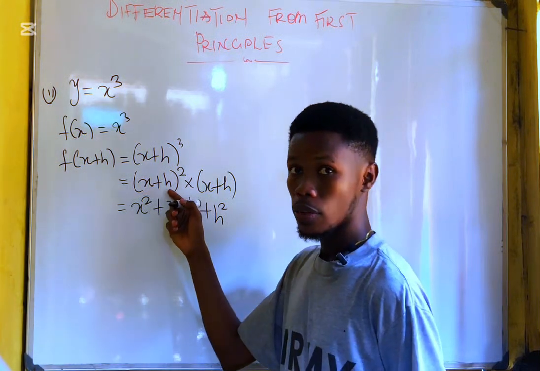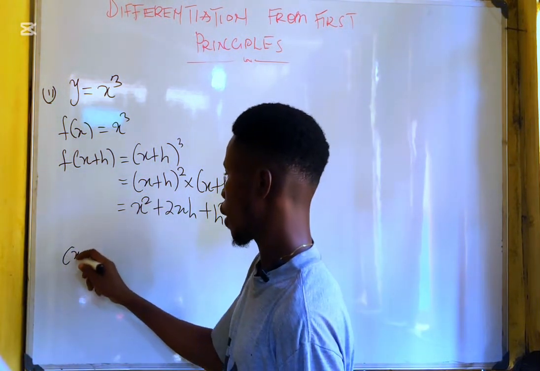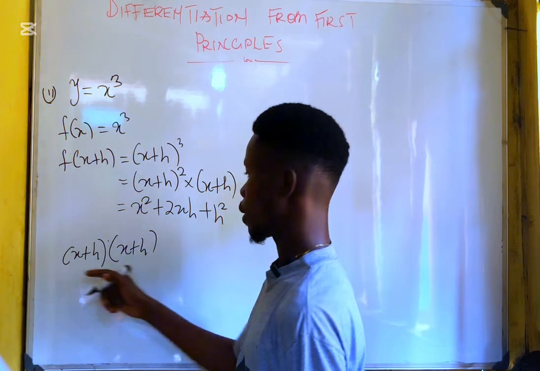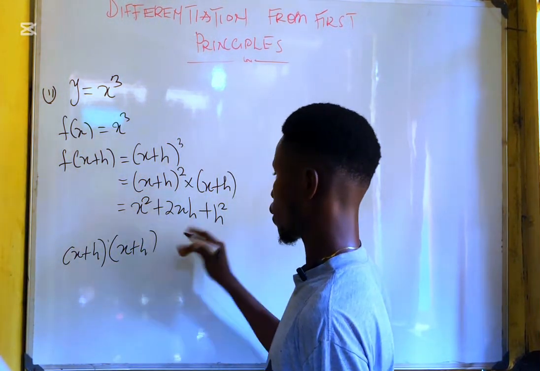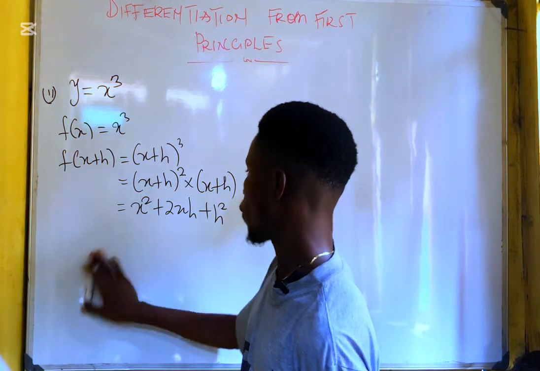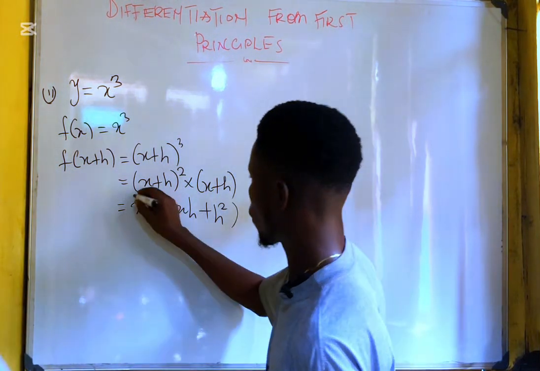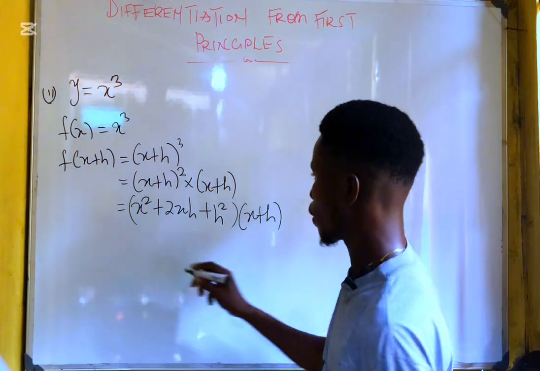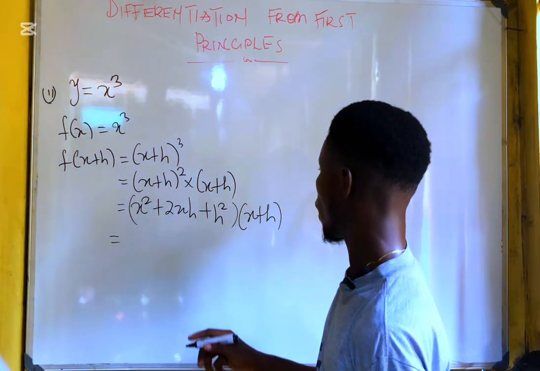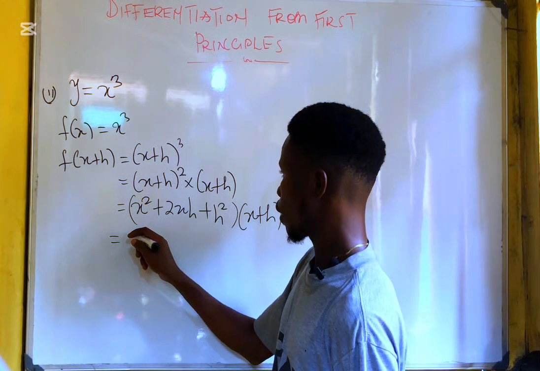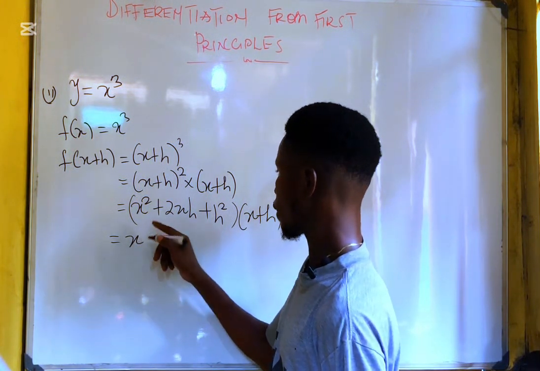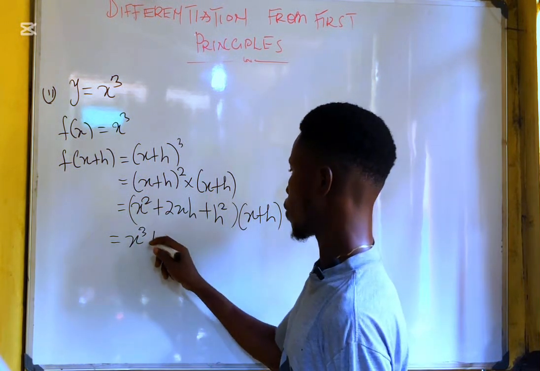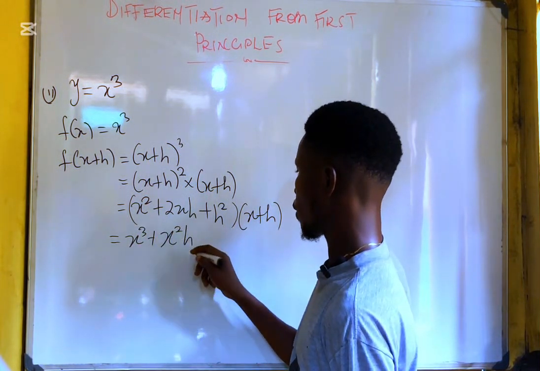The way I'm expanding this, if you are confused, just do this. x plus h, x plus h. Then you do it one by one, you get this. Okay. Now from here, remember the whole of this is multiplying this one, x plus h. So by opening it, I'm going to have x squared times x, which will be x cubed. x squared times h, that will be x squared h.